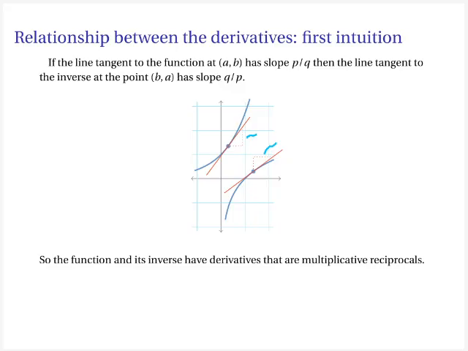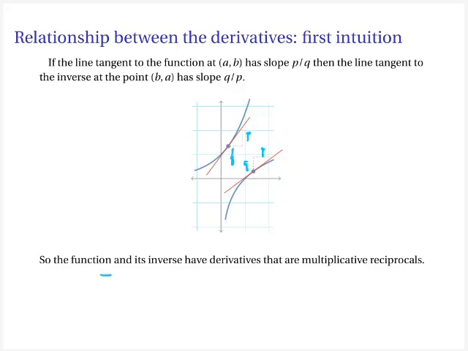So if this one here is P and Q, then this one here is Q and P. If this one has change in y is P and change in x is Q, then this one here must be, just by virtue of being a reflection across the line y equals x, change in y is Q and change in x is P.